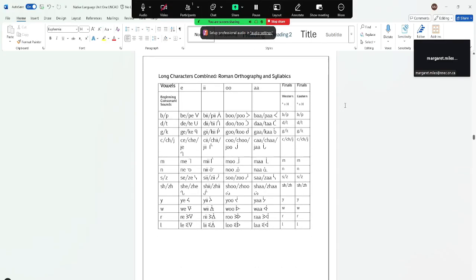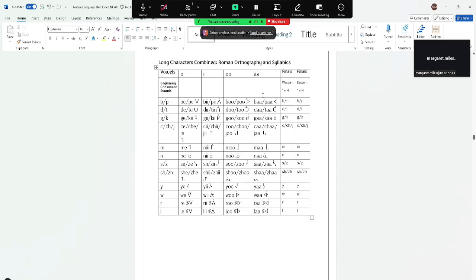Next chart. The next chart is long characters, combined Roman and syllabics. So that is how the chart looks when it's together, both Roman and syllabics.